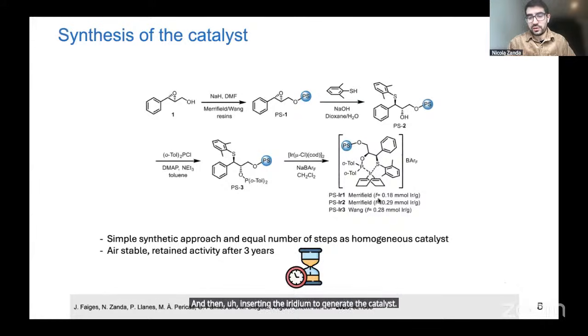And here you can see the loading of the catalyst we developed, expressed in millimole of iridium per gram of catalyst.